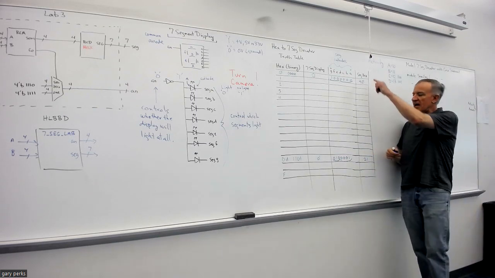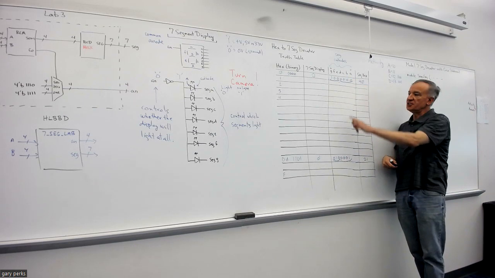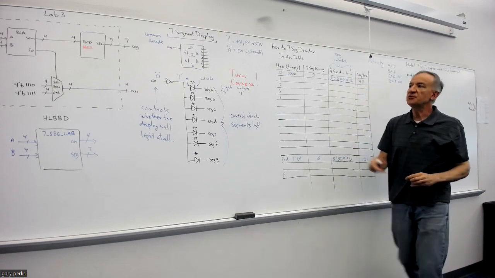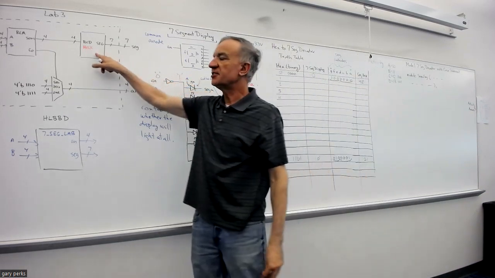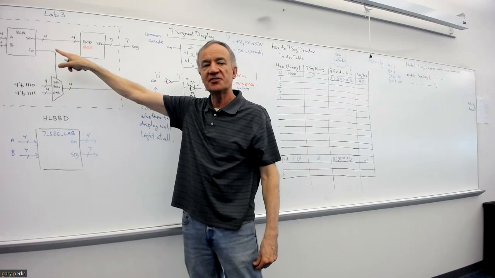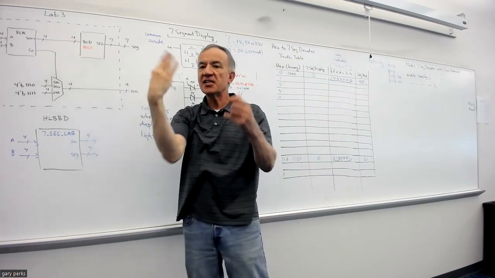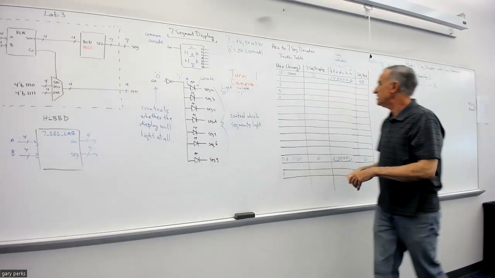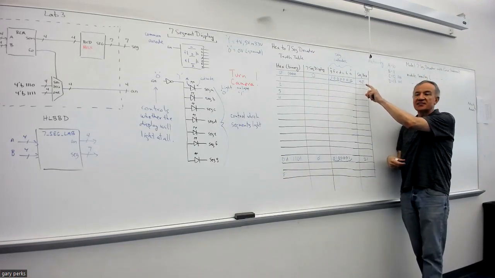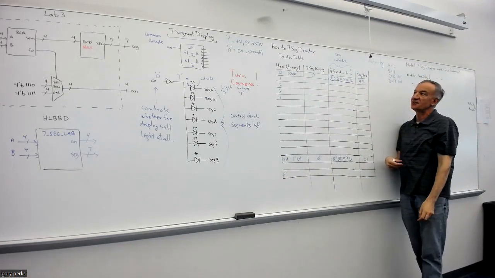The reason I'm having you write out the hex for each of these segments is because when you go to simulate this decoder, just like you did the MUX and also the RCA, when you're looking at your timing diagram, isn't it easier just to look for a 40 hex as opposed to a 1 0 0 0 0 0 0?